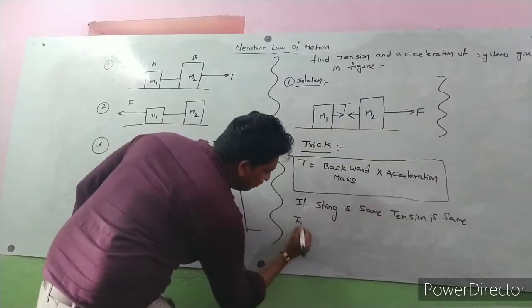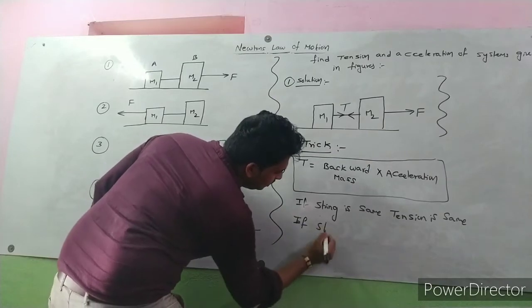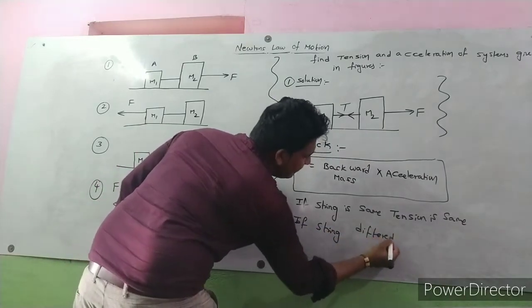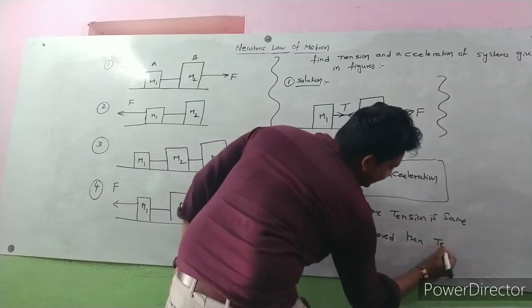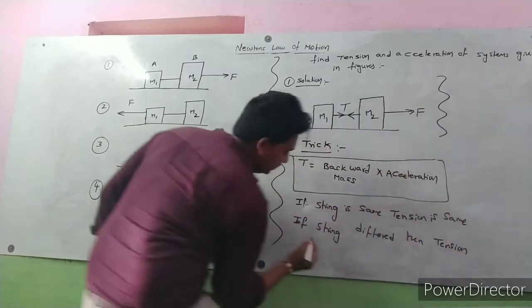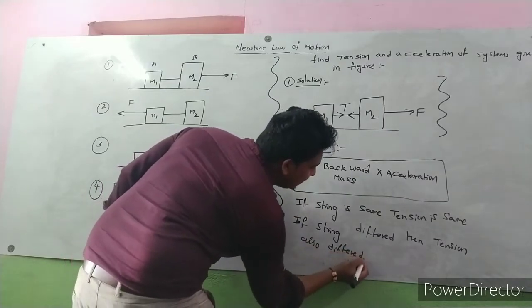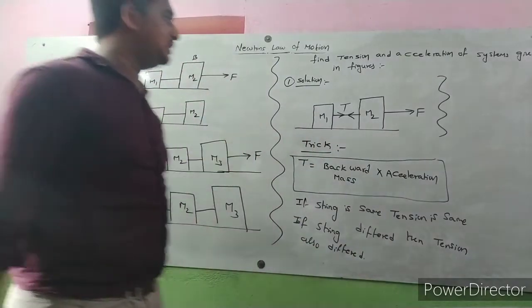If the string differs, then the tension also differs. So how to find tension T?